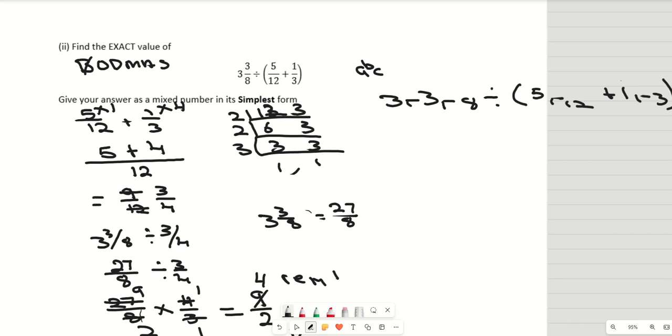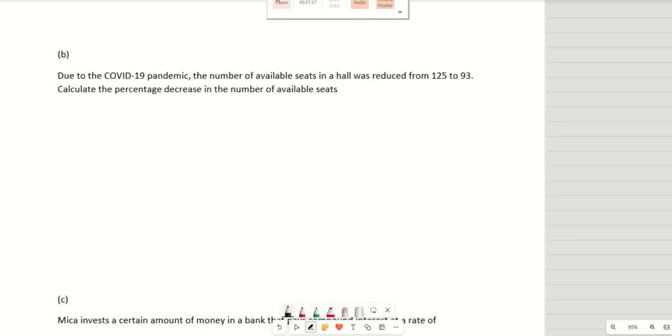Let's see if we get the same answer. That's 3 and 3 over 8 divided by, open bracket, 5 over 12 plus 1 over 3, close bracket. I do get 4, 1, 2, which is 4.5. And that would be your answer for this question.